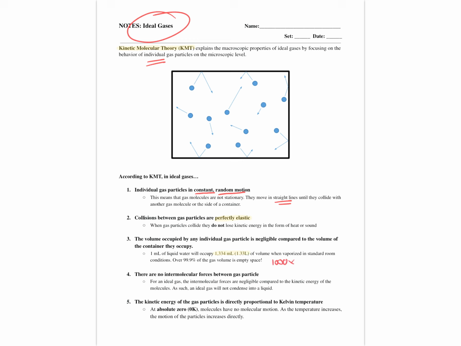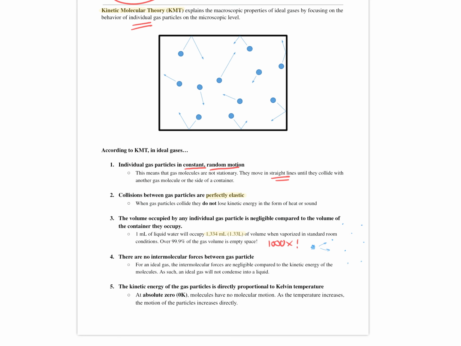Even though it's the exact same number of molecules, when they're all condensed in a liquid state touching each other, they take up a much smaller volume. But when we vaporize them, that gaseous state occupies a much larger volume, which means most of that volume is empty.